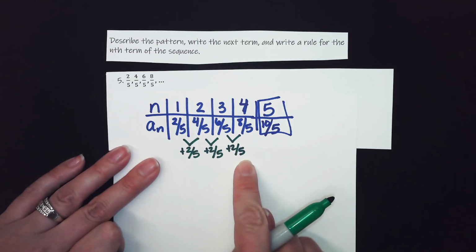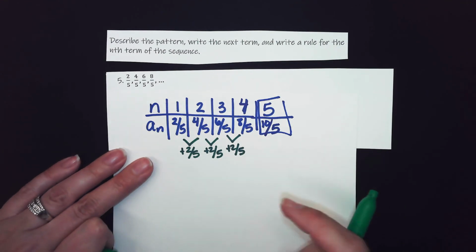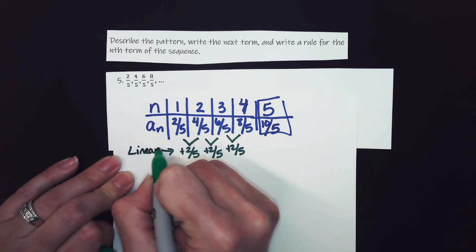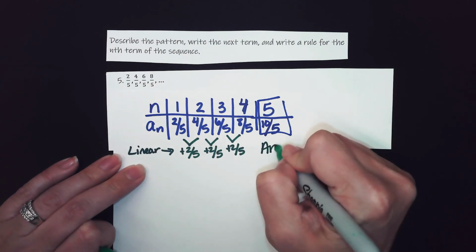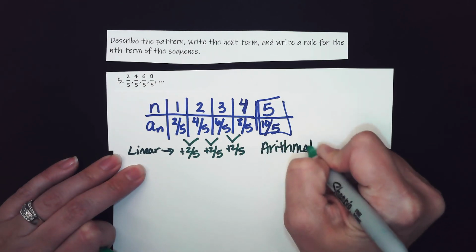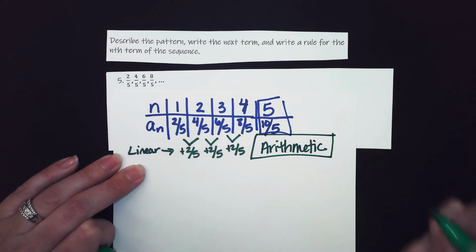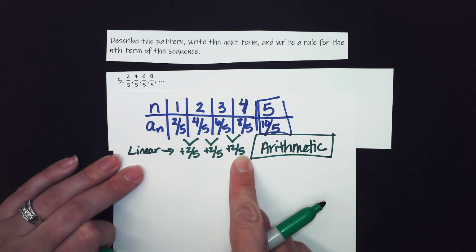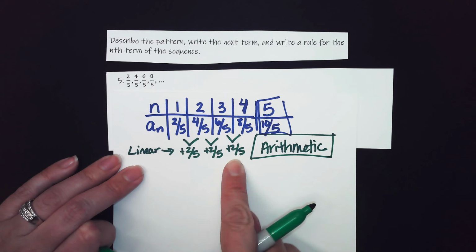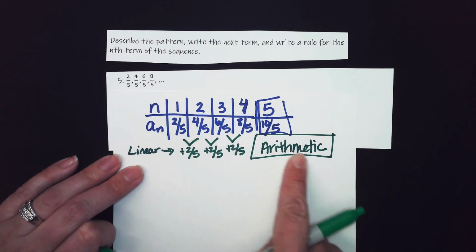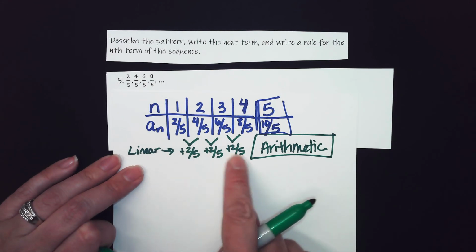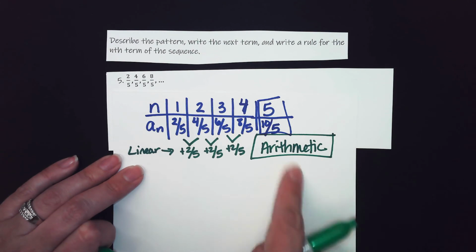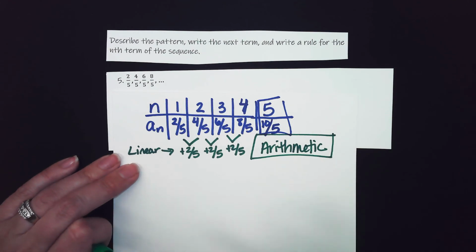So these are all the same, which means this is a linear equation, and therefore it is arithmetic. Okay? Remember, if I add or subtract the same number to each term to get the next term, that's arithmetic. If I multiply or divide by the same term each time, that's geometric. And if that's not the case in either term, then it's neither.